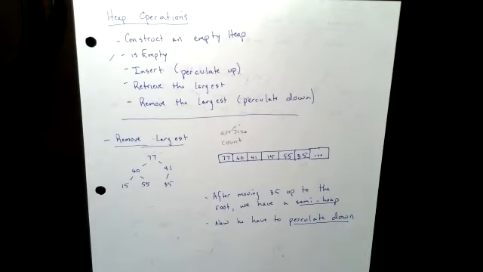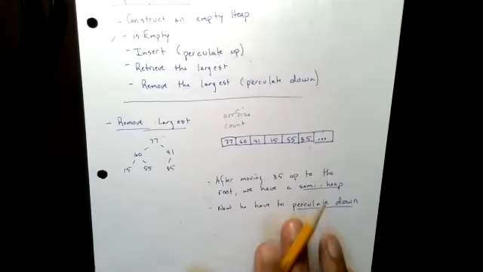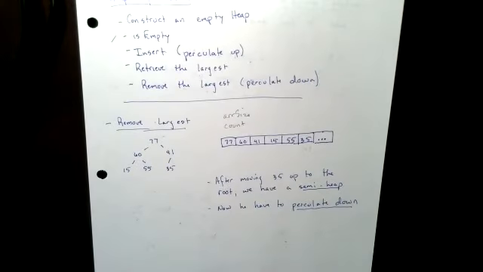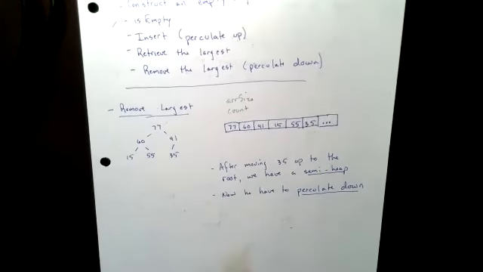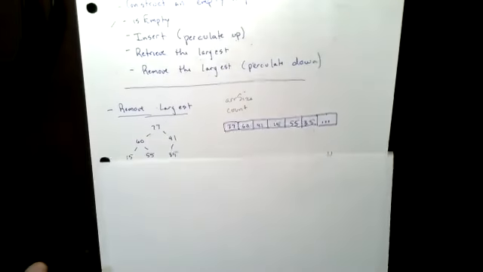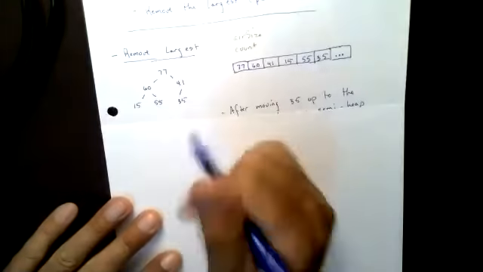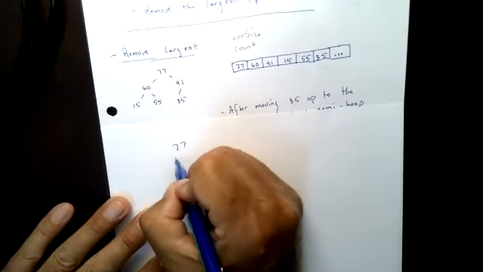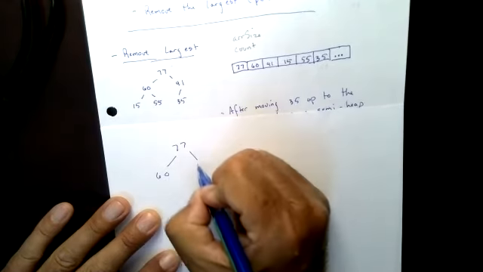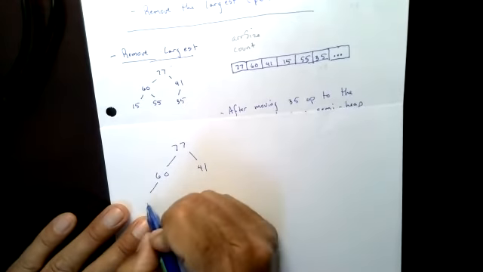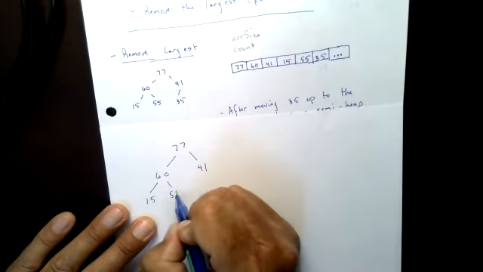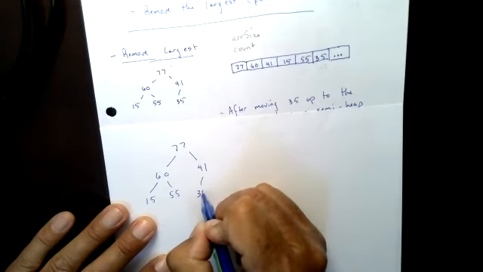All right, so let's talk about this. Remove the largest first. So I'm thinking of my heap, and I have it set up: 77, 60, 41, 15, 55, and 35.